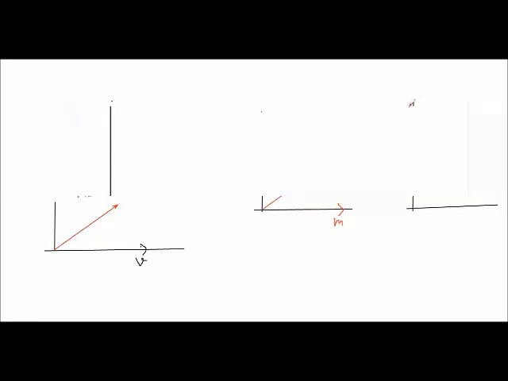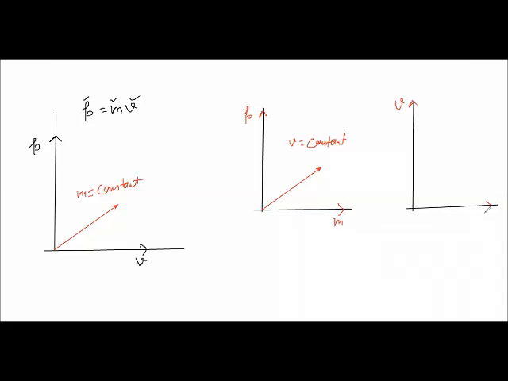Now the third graph, that is velocity and mass. If velocity is on the y-axis and mass is on the x-axis, then P equals constant in this case. So velocity is inversely proportional to mass, and the graph is like this.